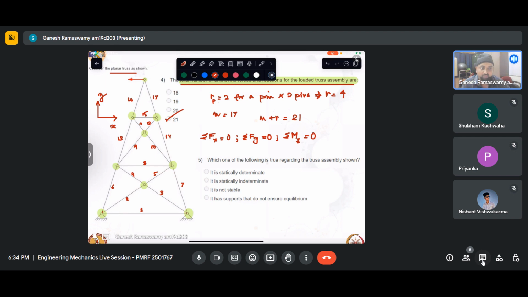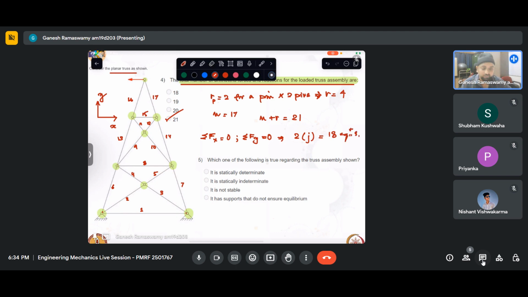But at each joint, since it is a concurrent force system, which is a constraint to be respected for us to be going for truss analysis, this gets trivially satisfied, which is why we have at each joint only two independent equilibrium equations, which means 2 into the number of joints, which gives us 18 equations.